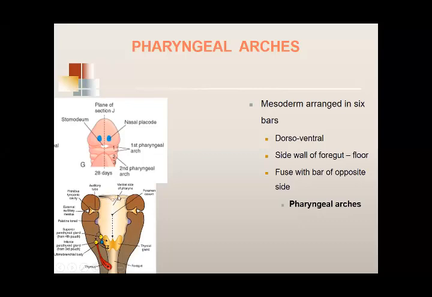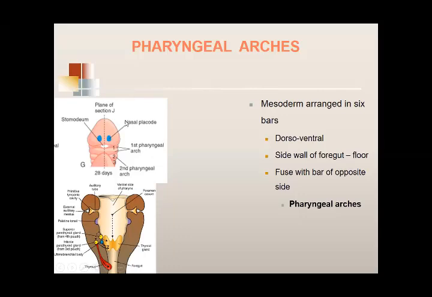And this would be the posterior wall. So these bars surround the pharynx in this way. Anteriorly, this side's bar and this side's bar come and meet in the center, in the midline. These bars of mesenchyme that come and meet in the midline are called pharyngeal arches.